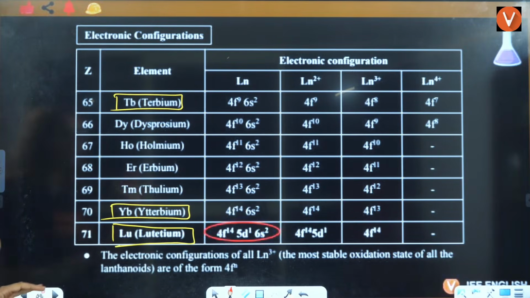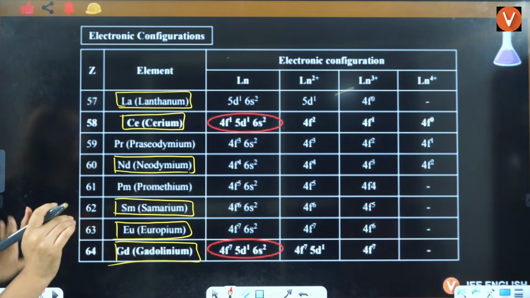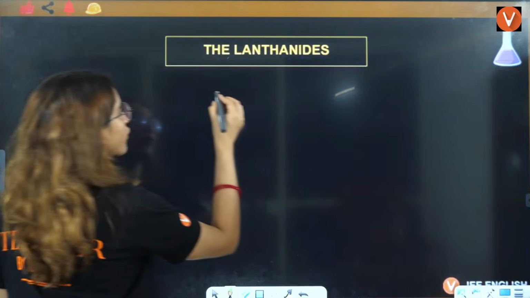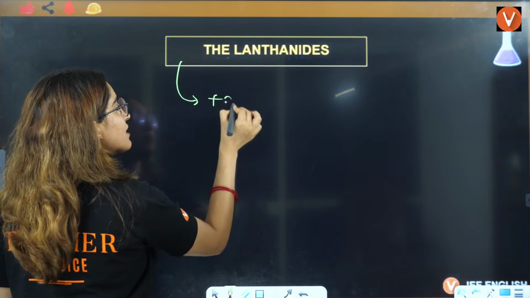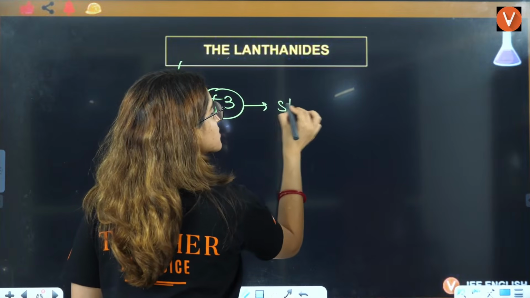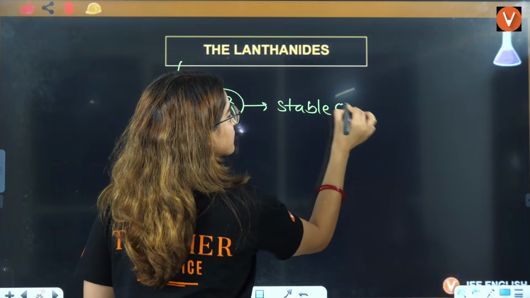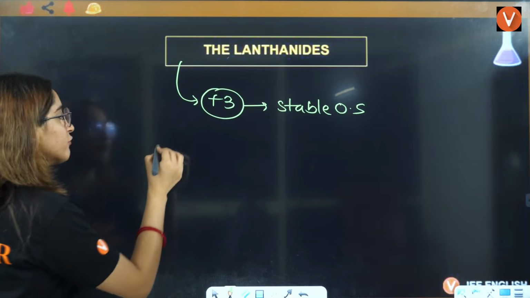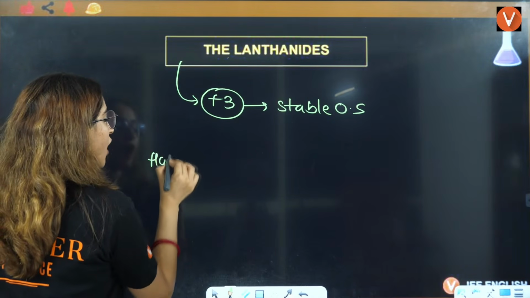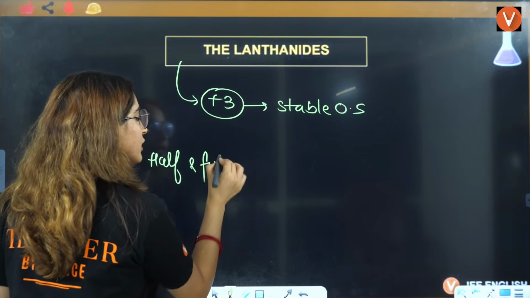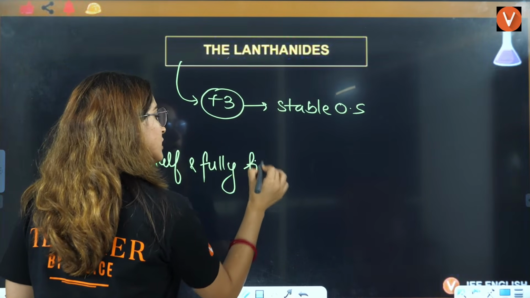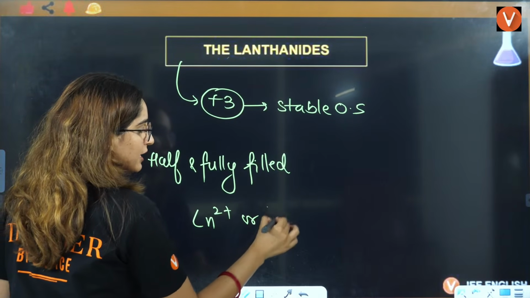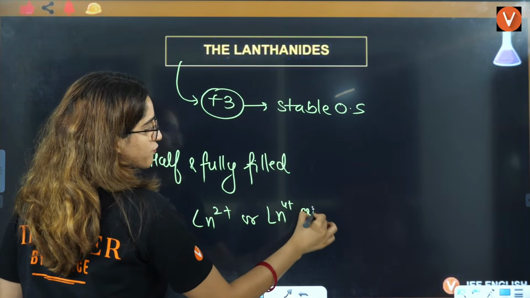Let's understand one thing here: these lanthanoids exist in the +3 oxidation state, which is the stable oxidation state. Because of half-filled and fully filled configurations, some exist in Ln2+ or Ln4+ as well.